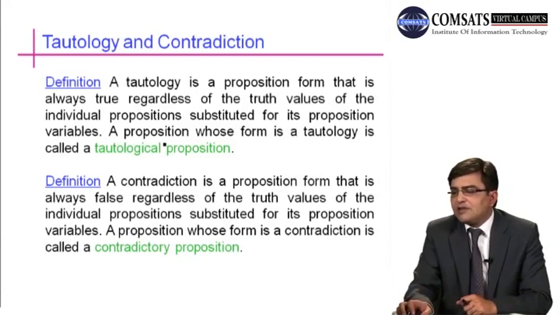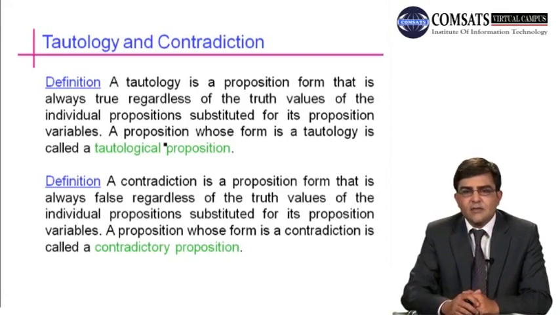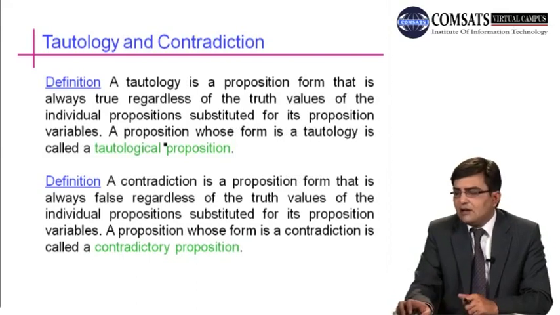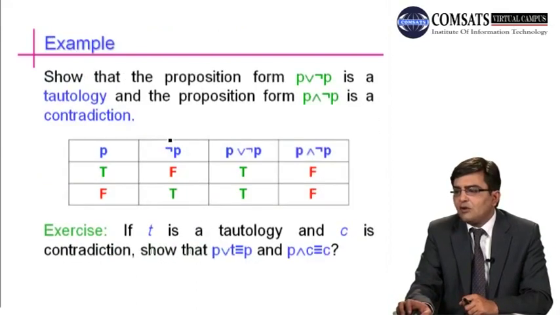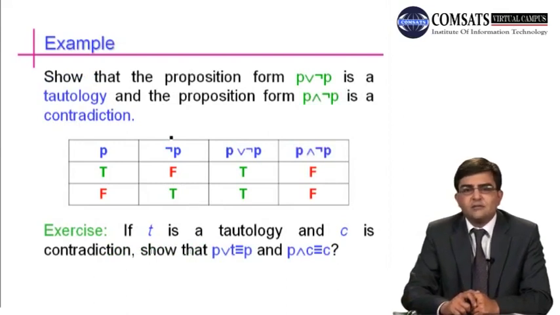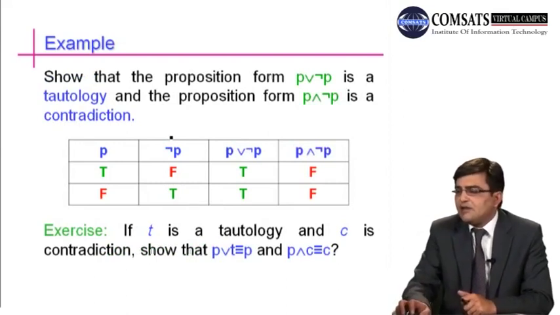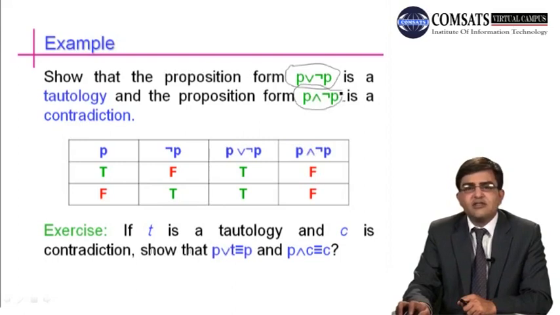A proposition whose form is a contradiction is called a contradictory proposition. We take some examples of tautologies and contradictions. In this example we will show that this compound proposition is a tautology, and the second expression is a contradiction. We will show that these two propositions are a tautology and a contradiction using a truth table.